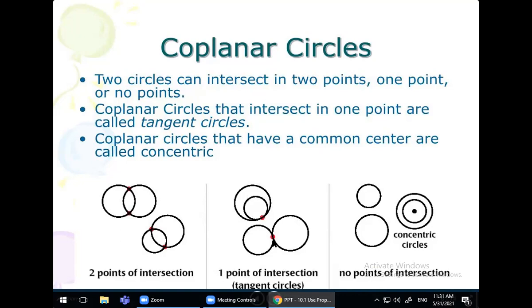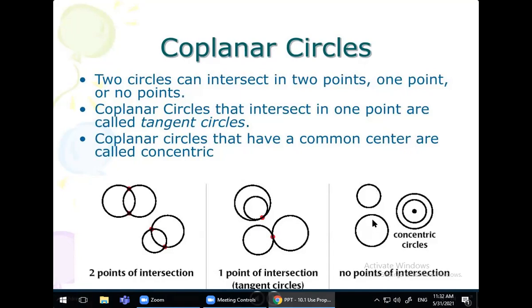This point is called the point of intersection, and these are 2 tangent circles. This one is 2 tangent circles from the inside, so we can call it touching internally. And those 2 are circles touching externally. Both of them intersect at only 1 point.